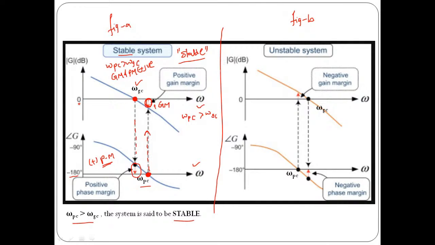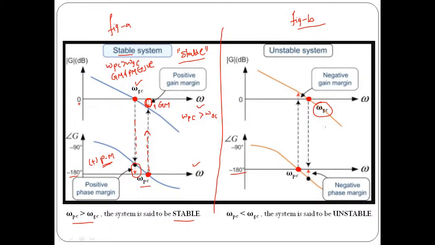In the same way, if you focus on figure number B, here, see, this is your gain crossover frequency, the frequency where your magnitude plot cuts the 0 dB line. And this is the phase crossover frequency where the phase angle plot cuts the minus 180-degree line.